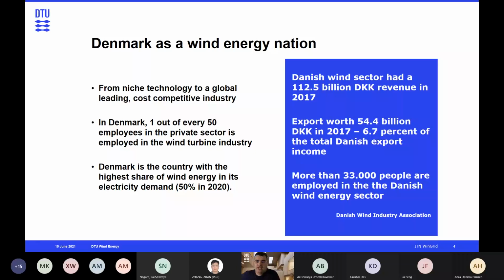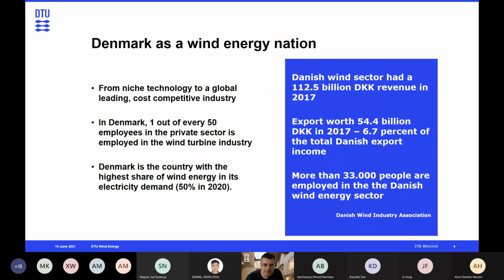So wind represents a big part of the total Danish export, but Denmark is also the country with the highest share of wind energy in its electricity demand. And I know that at least Damian is part of this group, and I don't know if he's here, but in normal conditions he would say something about Ireland. But I do think that Denmark is still a bit above Ireland when it comes to share of wind power.